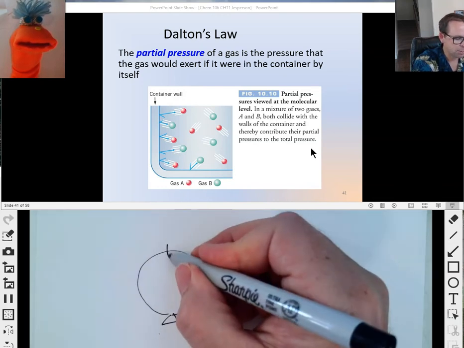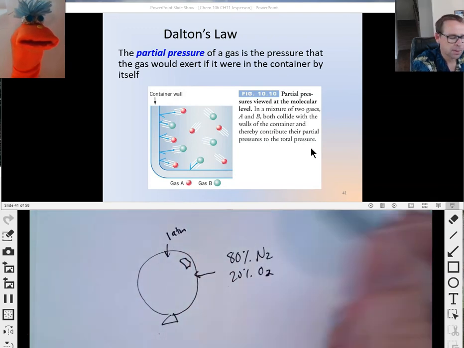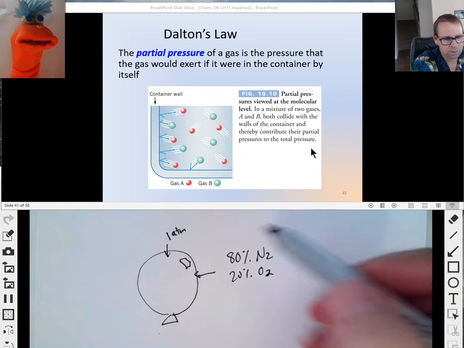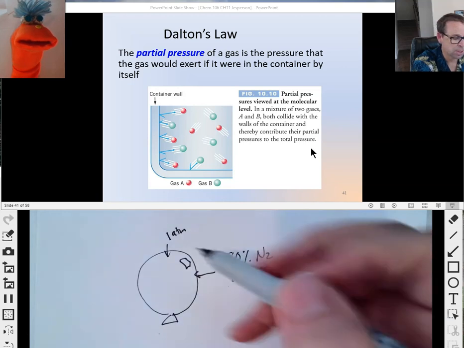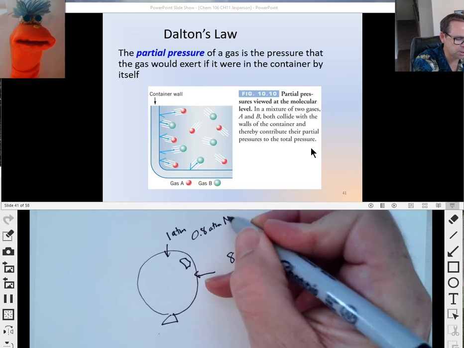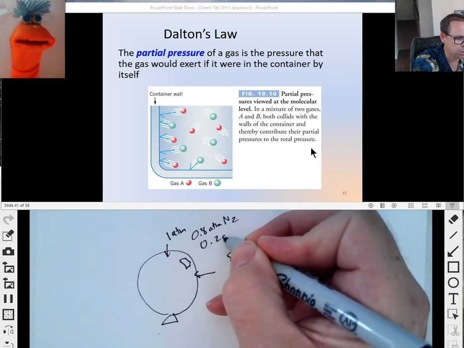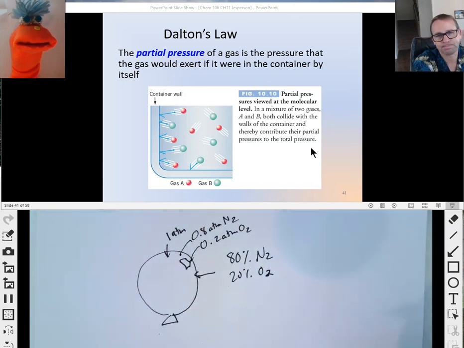And if I say that my balloon is at 1 atmosphere, then contributing to that atmosphere is 80% nitrogen gas. So it's 0.8 atmospheres of nitrogen gas and 0.2 atmospheres of oxygen gas inside this balloon.